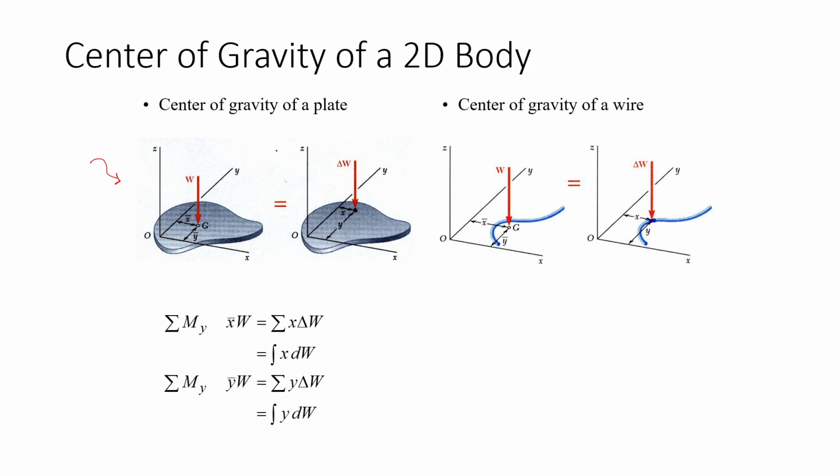Notice the equal sign here, it is equal to the summation. As you can see on the formula below, the left side means bar x times the total weight is equal to the summation of the weight components, so you're going to add up the different weights and their corresponding center of gravity.